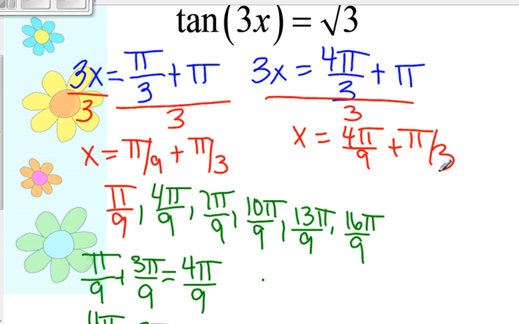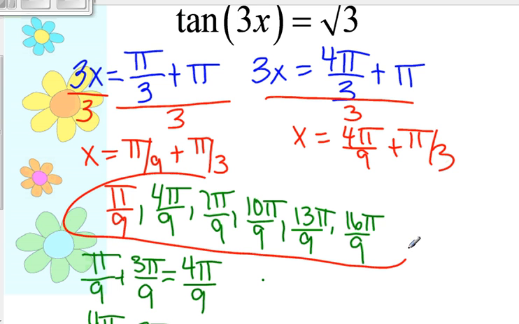So we actually already took into account all the solutions we were going to get on that side. So we don't have to continue solving that because the values are already there. Okay, so we found all of our values. And to double check ourselves, right, we had 2 values to begin with. And we multiply 2 times 3, we should get 6. So we have 1, 2, 3, 4, 5, 6 values. We have done it correctly for our multiple angle there.